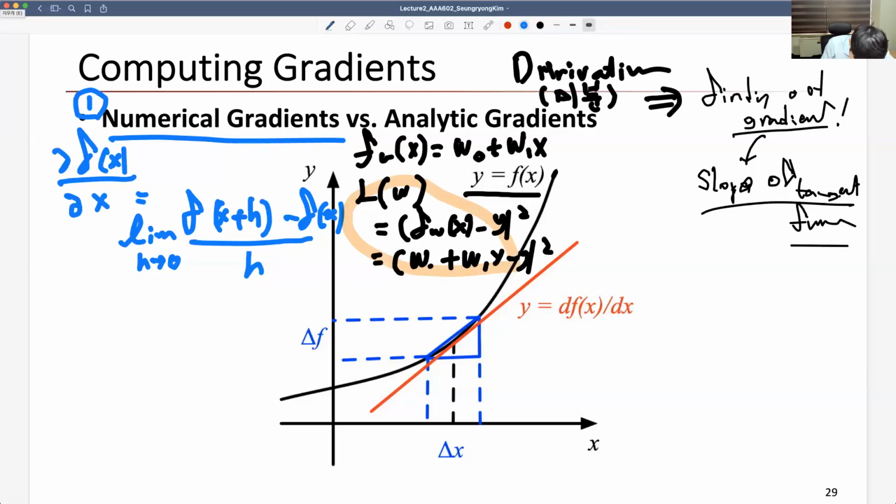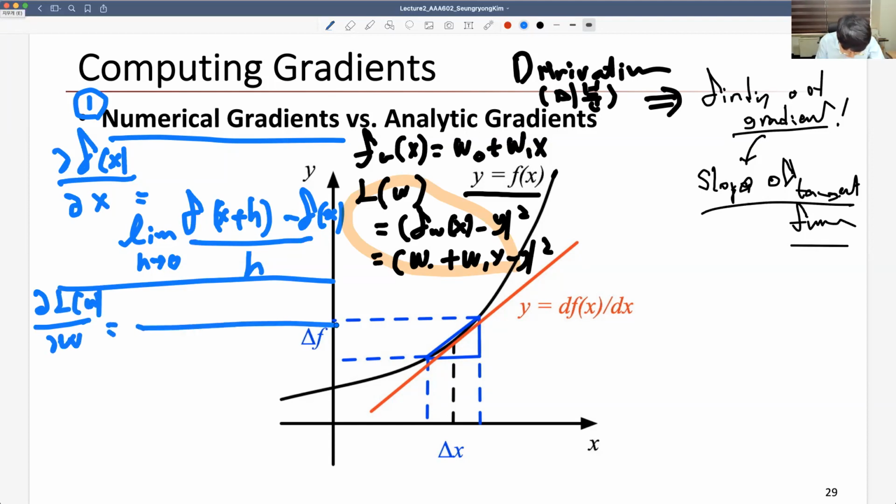we can compute the numerical gradient of this loss function, something like this: (L(w + h) minus L(w)) divided by h, right?